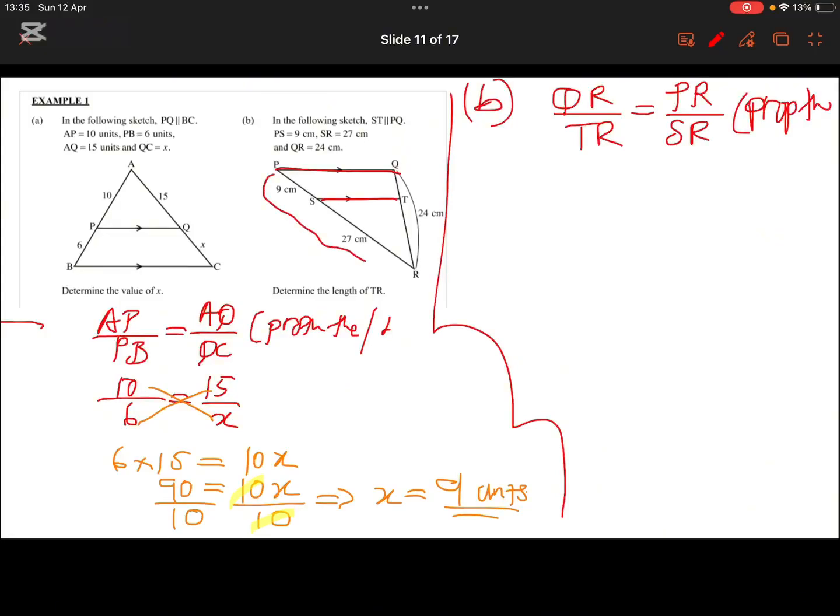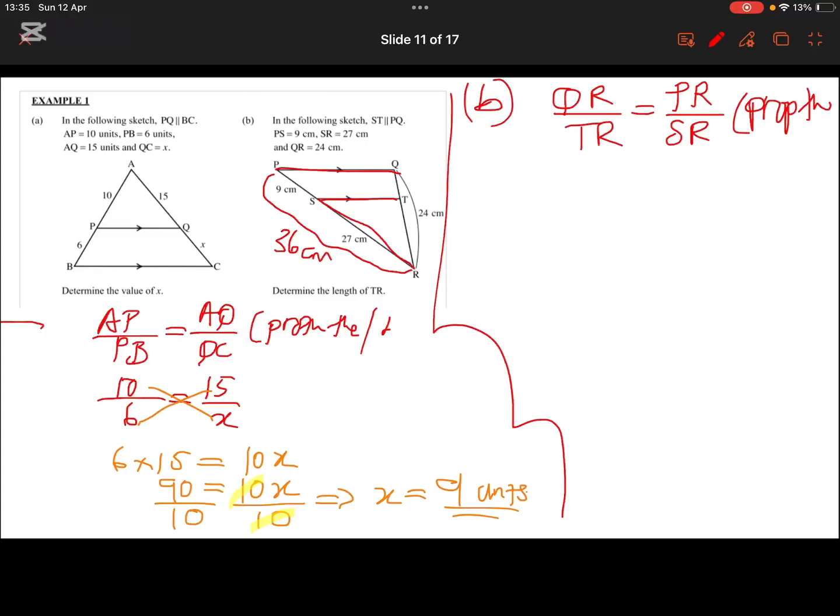Now, what is PR? PR is the distance from here to here, which is 27 centimeters plus 9, that will give us 36 centimeters. And SR, we do have it, from here up until that point.